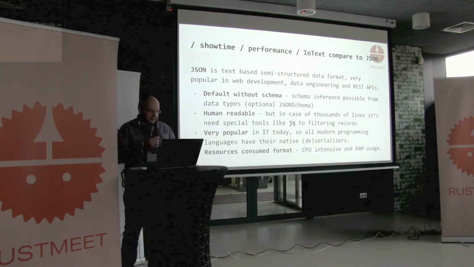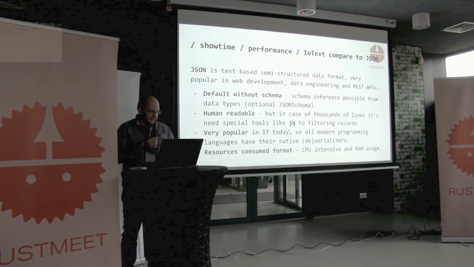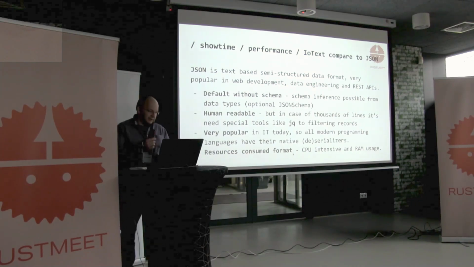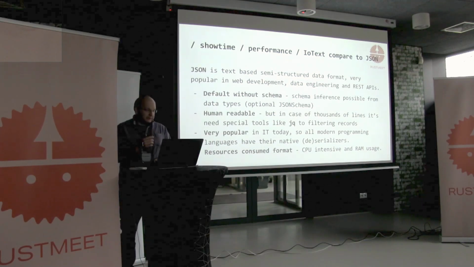This format is human readable. There is jq, ported to different operating systems, a tool where you can filter records or data in JSON. Very popular, but there is one interesting piece of information. It is resource intensive, especially for CPU and sometimes RAM, if we talk about gigabytes of JSON files or data streams.